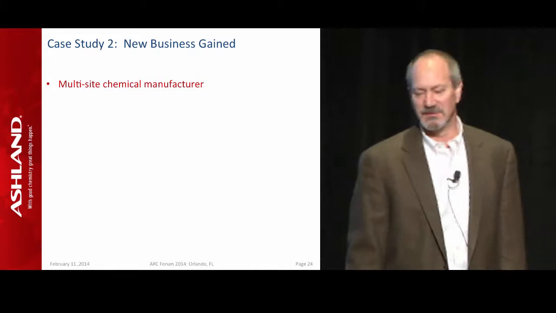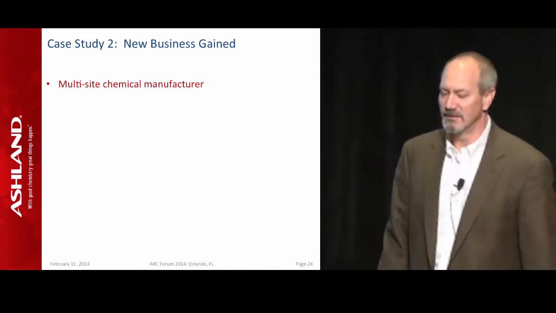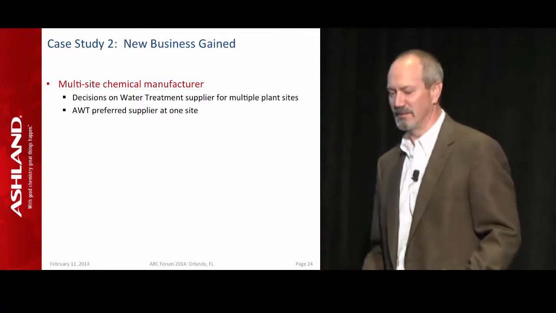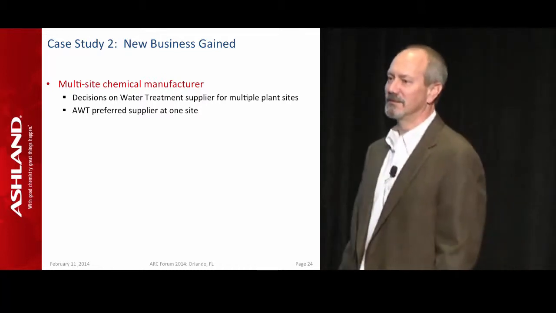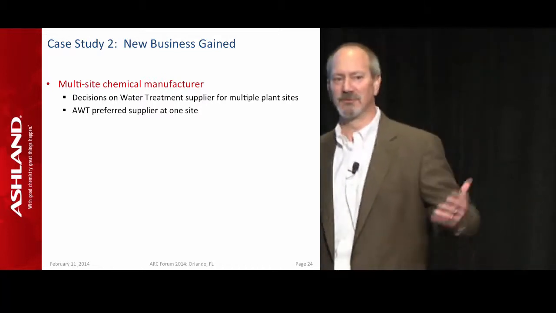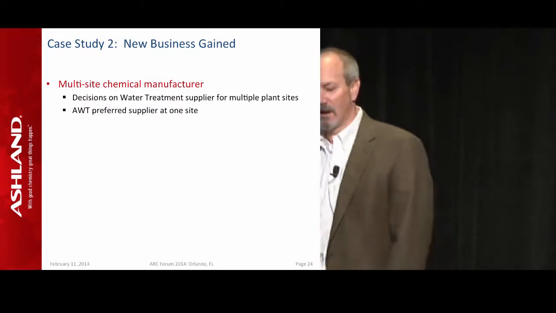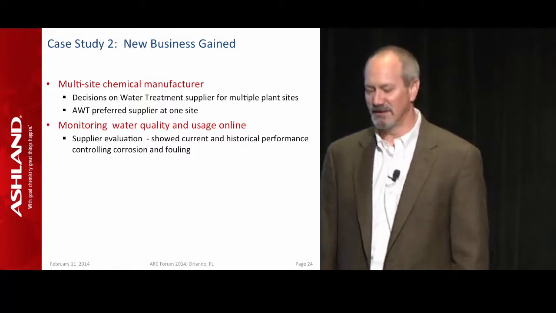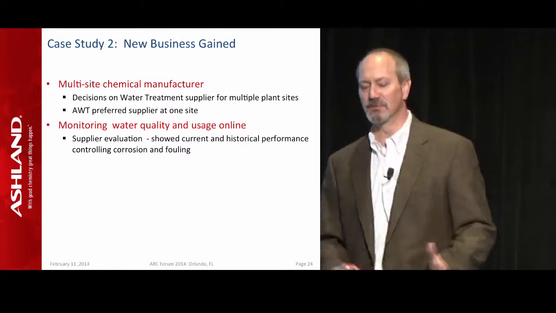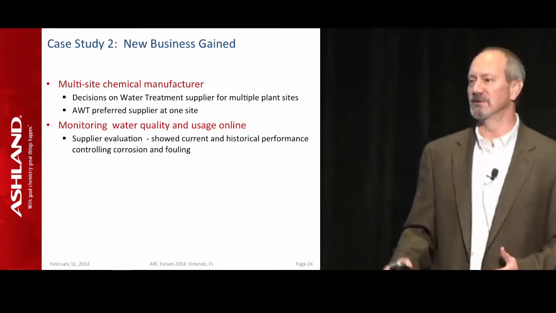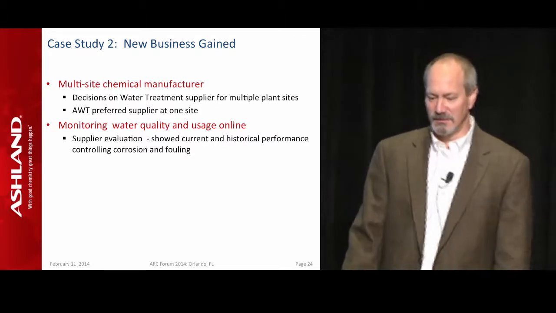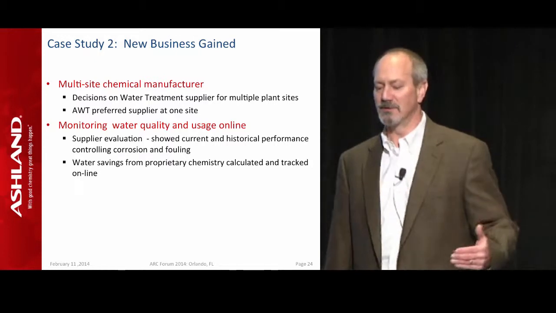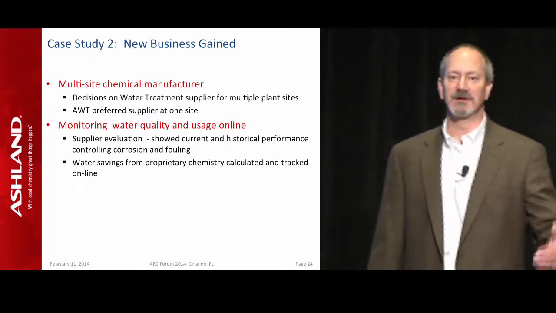The other one, in terms of new business gained, is a multi-site chemical manufacturer. They were looking at changing over their water treatment suppliers or rebidding their business. And we had the preferred contract at one particular site. We got into the supplier evaluation phase, and we were showing the current and historical performance of corrosion and fouling within the one system that we had. The other thing we were looking at was water savings from some proprietary chemistries we had.